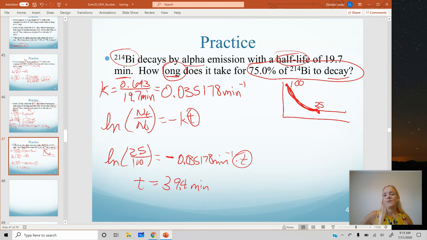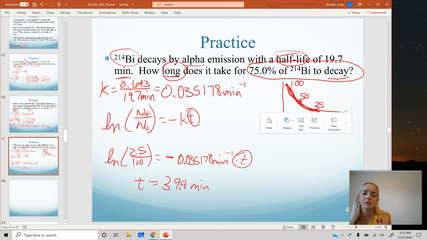But did anybody catch that there's a second way to solve this? Maybe a faster way? So remember half-lives, right? A half-life is telling us how long it takes for a substance to decay by half. So for my substance, if I wanted to see how long it would take to go down to 50%, that would be one half-life.